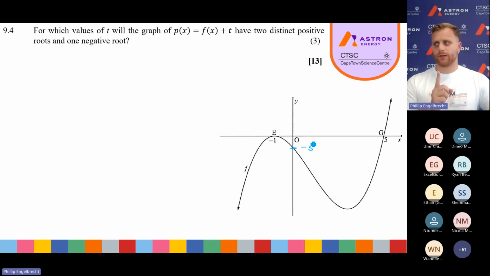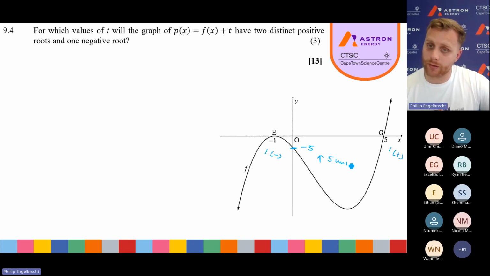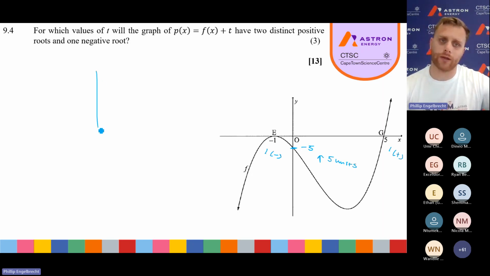Now let's think about it. All right. I want one negative, two positives. Now here's the thing. At the moment, I only have one negative and one positive. So what I'm going to do is I'm going to move this graph up. But let's see. If I move it up by 5 units, our graph would look something like this.